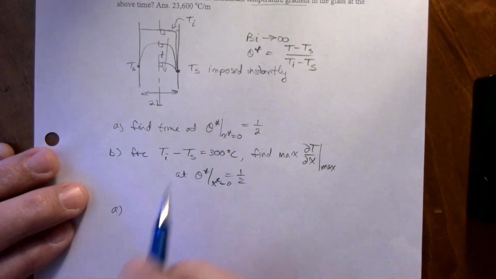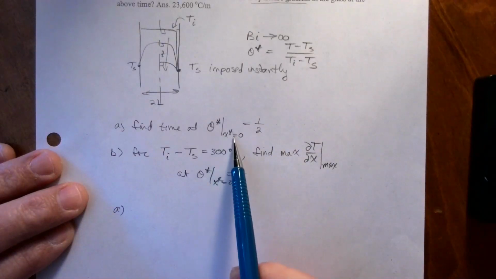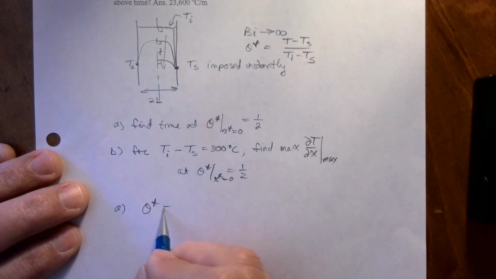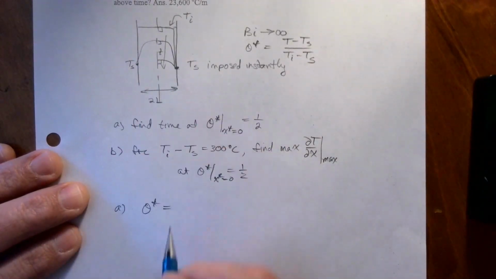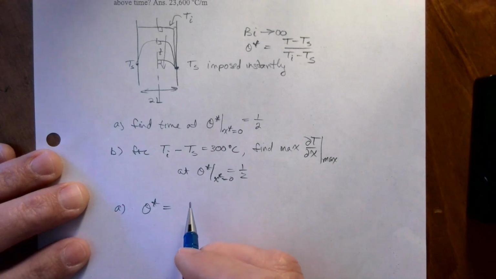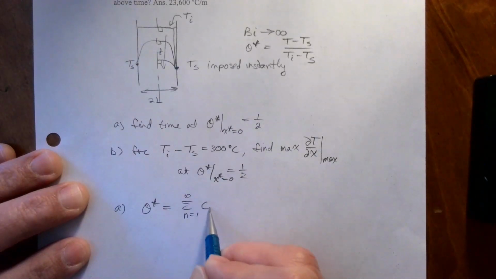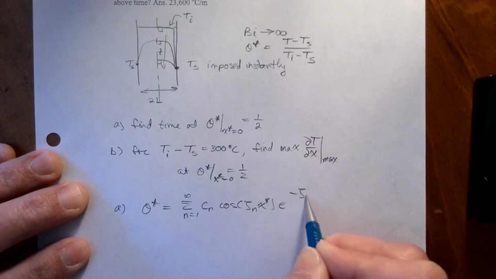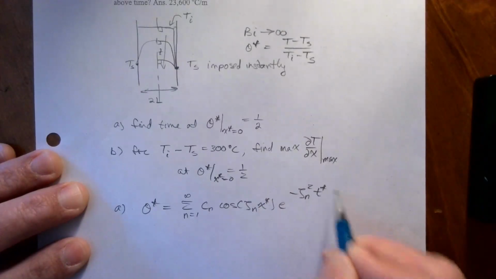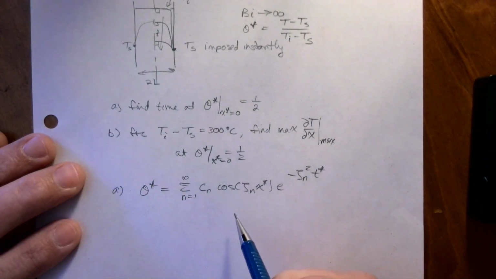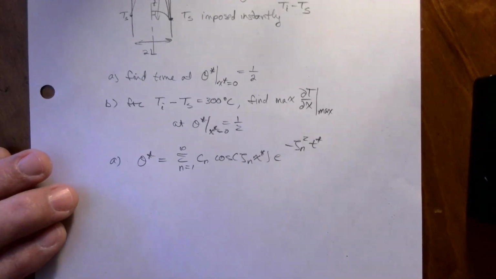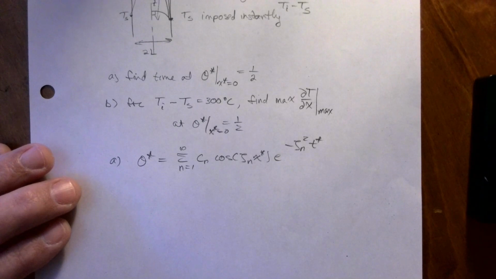Okay, so let's look at finding the time at which theta star at x equals 0 equals 1/2. The solution for theta star for a plane wall, we'll go get that solution. I'm just going to write it out: the summation from n equal 1 to infinity of Cn cosine zeta n x star e to the minus zeta n squared t star. But we are going to assume that it takes enough time that we get past a Fourier number, or t star, equal to 0.2.